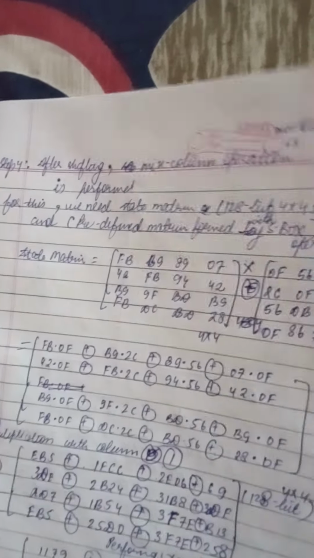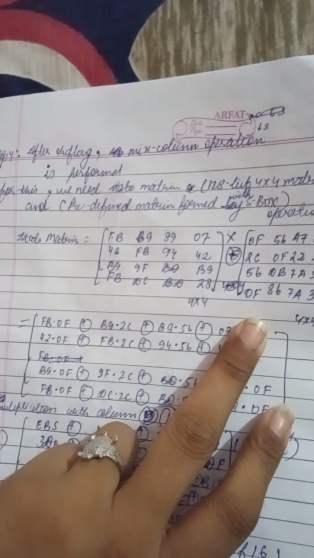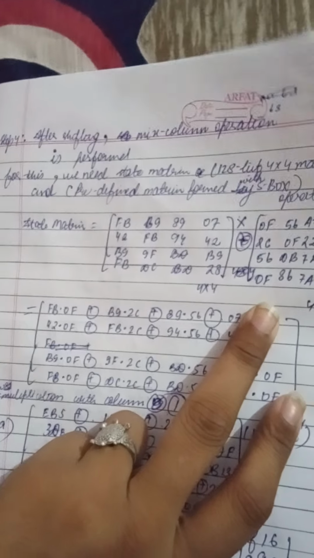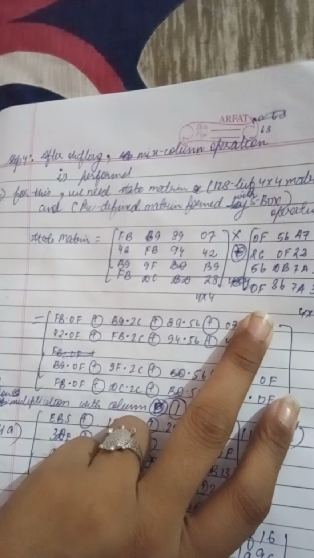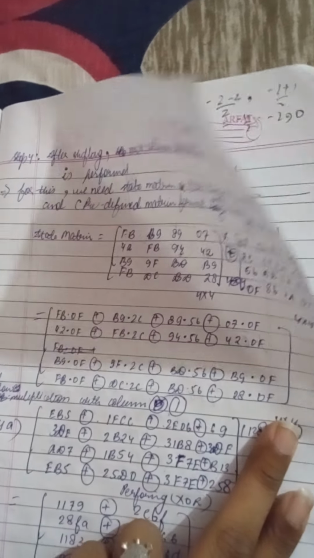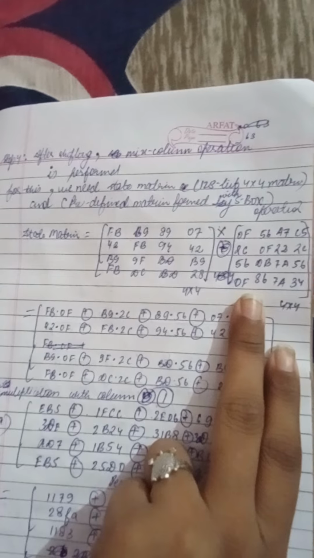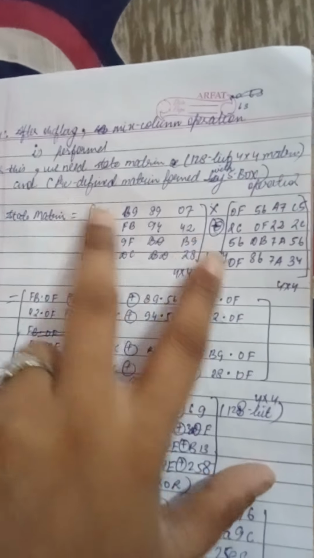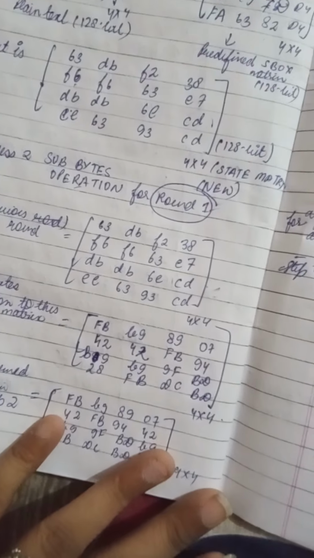After shifting, the mix column operation is performed. So for shifting, firstly, these elements will be shifted one position to the left, these elements FB.